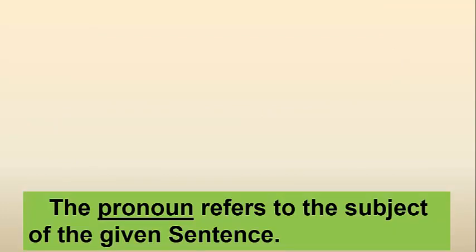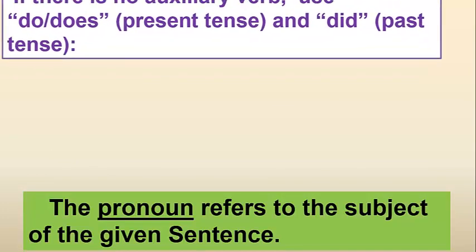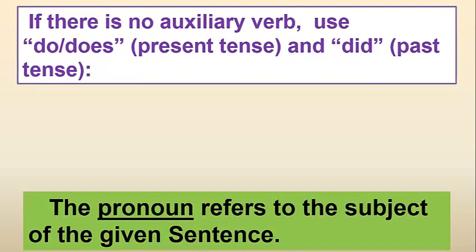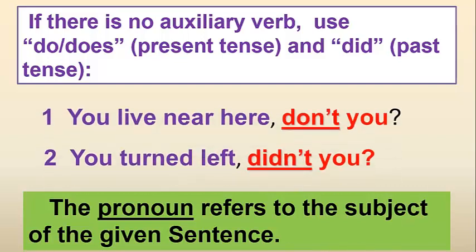Now, let us see what to do if there is no auxiliary verb. We have to use do or does if the sentence is in the present tense and did if it is in the past tense. For example, you live near here.